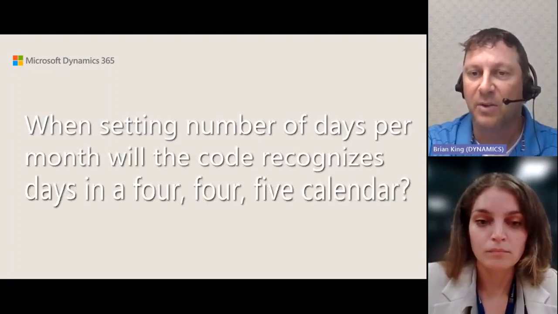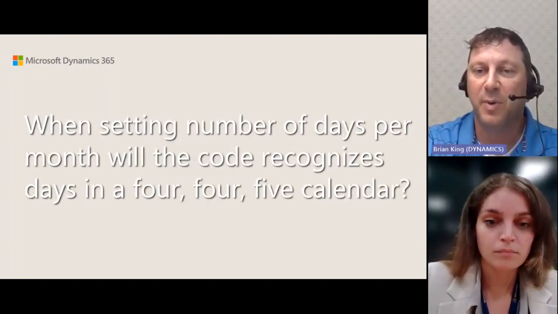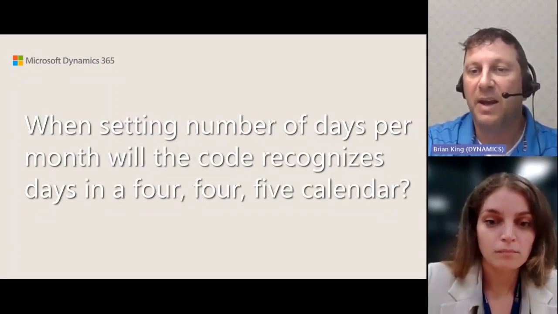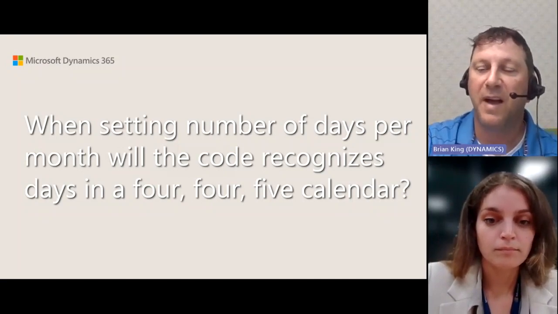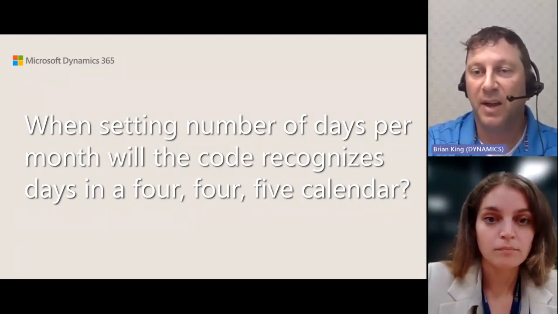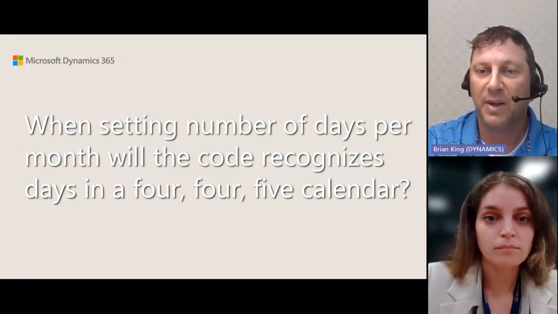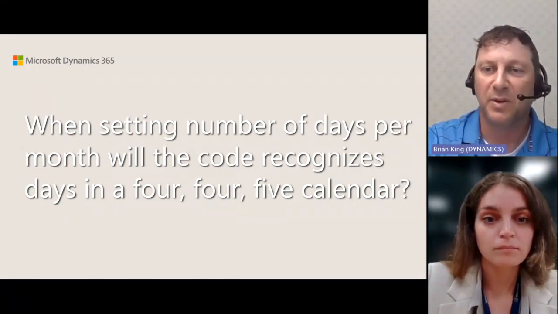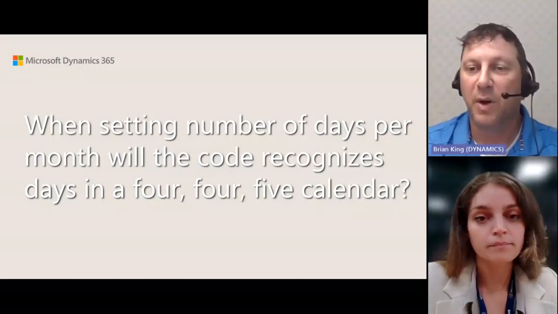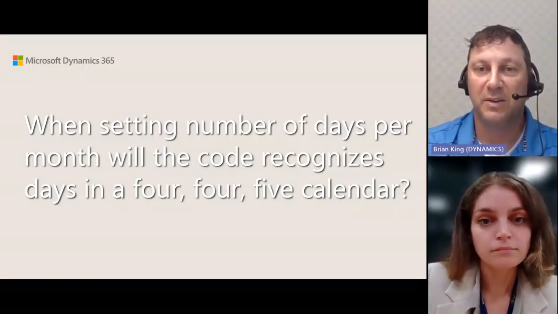It looks like I might have skipped over a question here too. When setting number of days per month, will the code recognize days in a 445 calendar? In that case, I wouldn't necessarily set it as number of days per month, and maybe I'm misunderstanding the question, but what you'd want to do is use what we did in scenario 4.